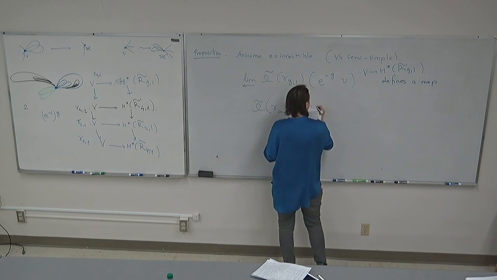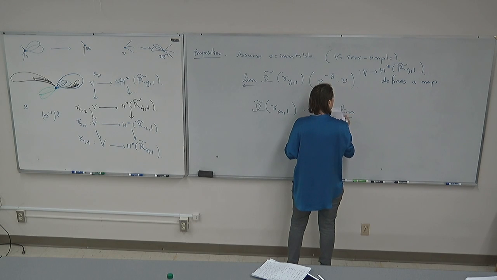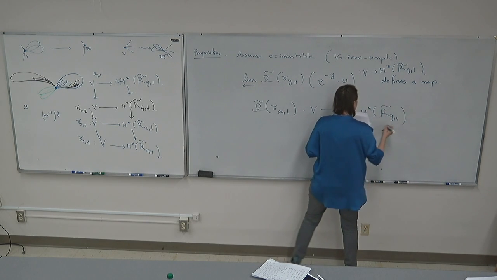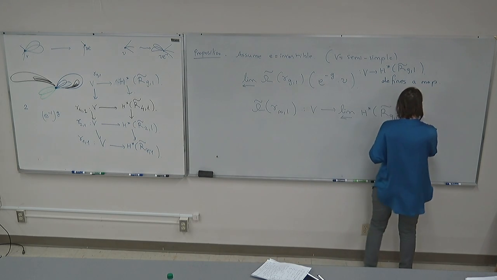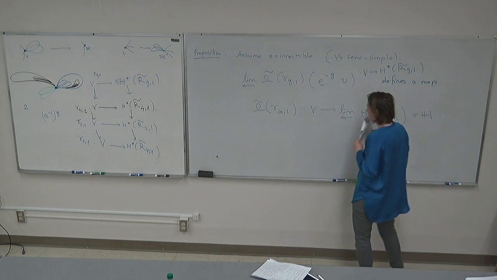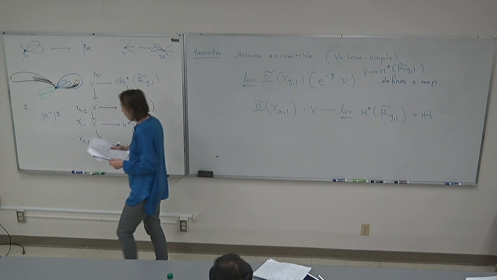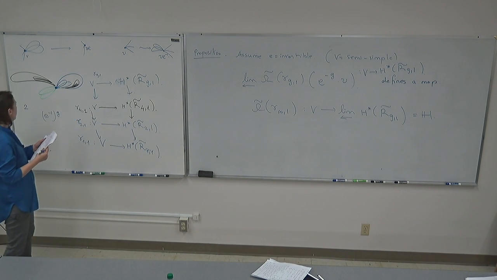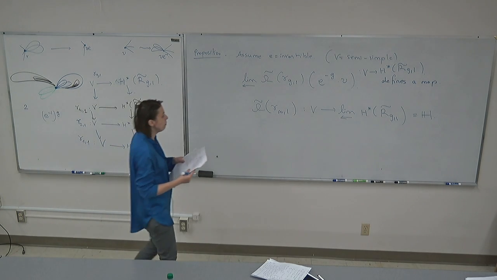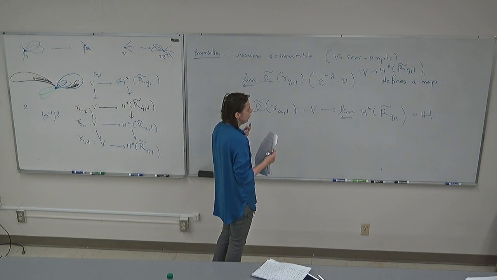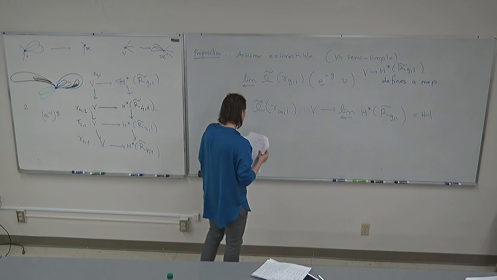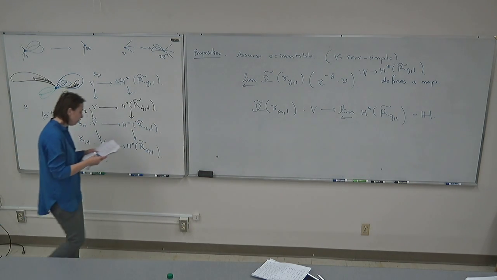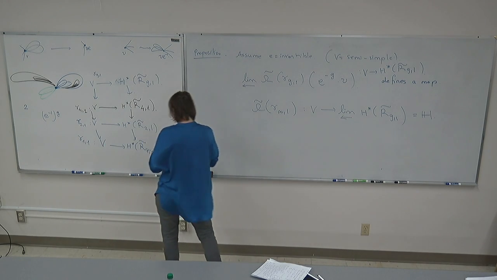So this map will go from V to the projective limit of this cohomology of these ciliated ribbon graphs. And by the Madsen-Weiss theorem, this is H. So this infinite cell graph will actually give me something that will now behave like a 2D CohFT. Okay, so we have now this picture.